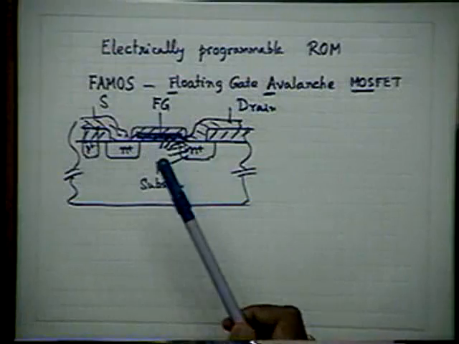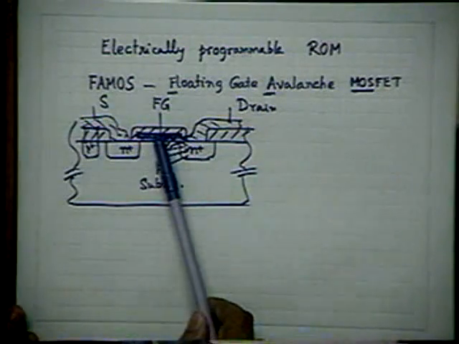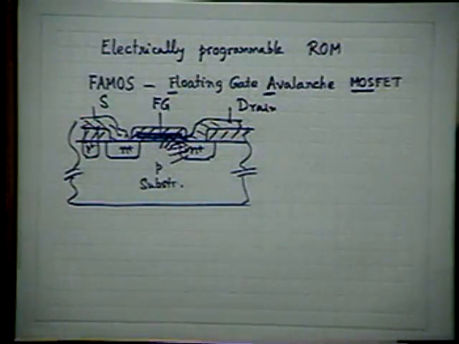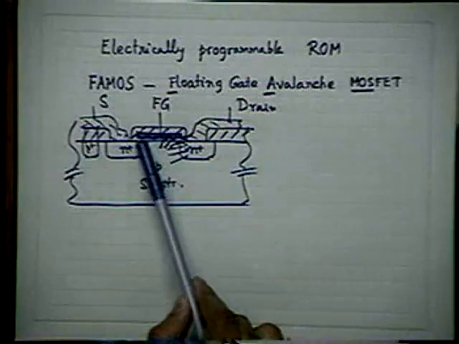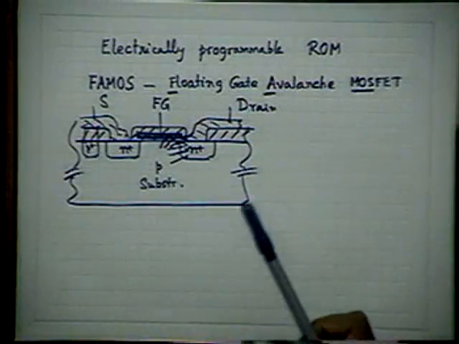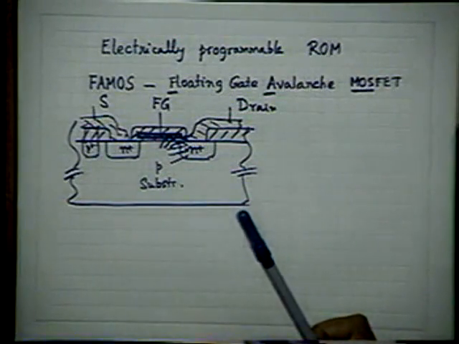You can design it to work in enhancement mode so that it is normally on, and by applying a reverse voltage, I can do the otherwise. That means I can bring electrons or holes, whatever the inversion carriers, from the substrate to the surface. That's how I can make the device go from off to on or on to off, whatever is possible.